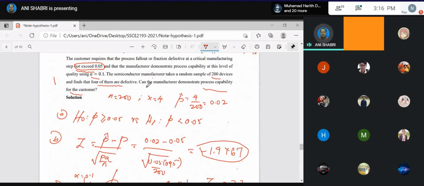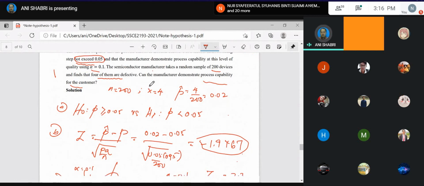Okay, the question is, can the manufacturer demonstrate the process capability for the customer? Cannot.